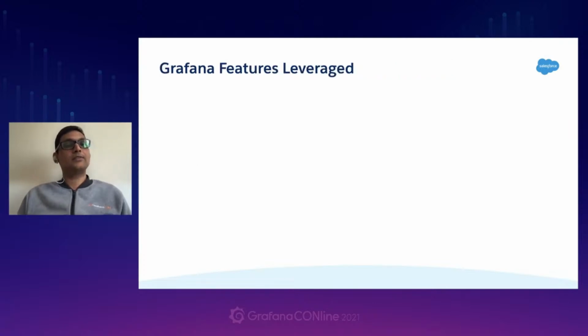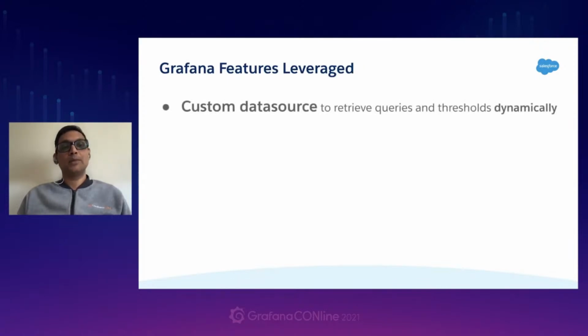Now, these are the Grafana features that we leverage to implement this dashboard. We have implemented a custom data source, as I've been mentioning, to retrieve queries and thresholds dynamically as services onboard these systems at their own cadence.